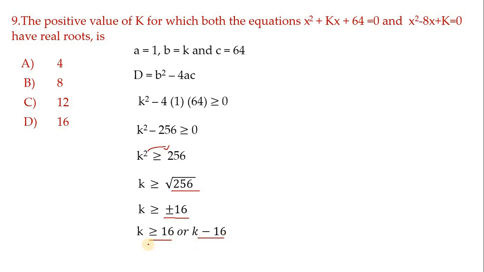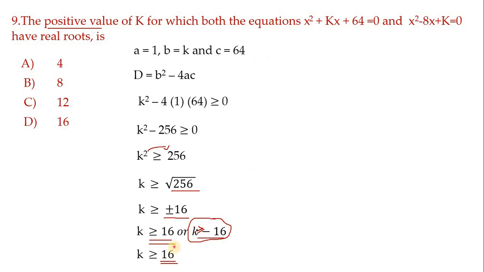See why I have written it like this, and here you write this symbol, children: k is greater than or equal to minus 16 also. As I said, in the problem we have to take the positive value only, hence neglect this minus 16. Hence let us take the k value greater than or equal to positive 16 only.